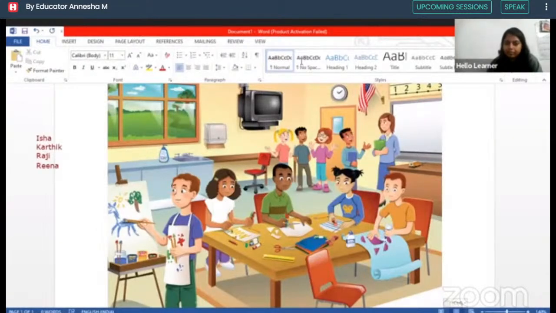The teacher is standing in front of the whiteboard. All are looking like very sincere children. One red flag is hanging on the wall. And there is one sink and tap also in the painting class. I think they are very happy with each other. Seeing this picture, I remember those days which I spent in the library. That's all, ma'am.